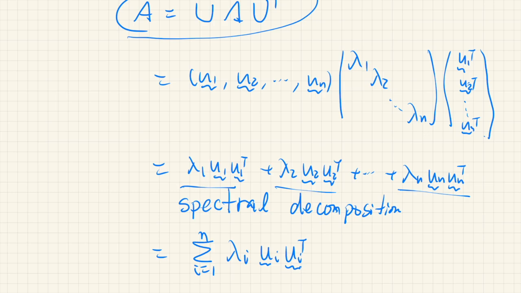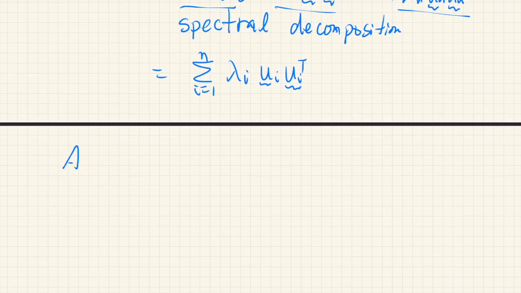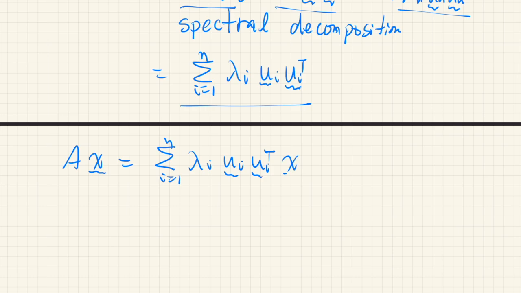By using this notation, the application of a matrix to any vector x can be written as this. Applying this, we have the sum from i equals 1 to n of lambda i ui ui transpose times x.